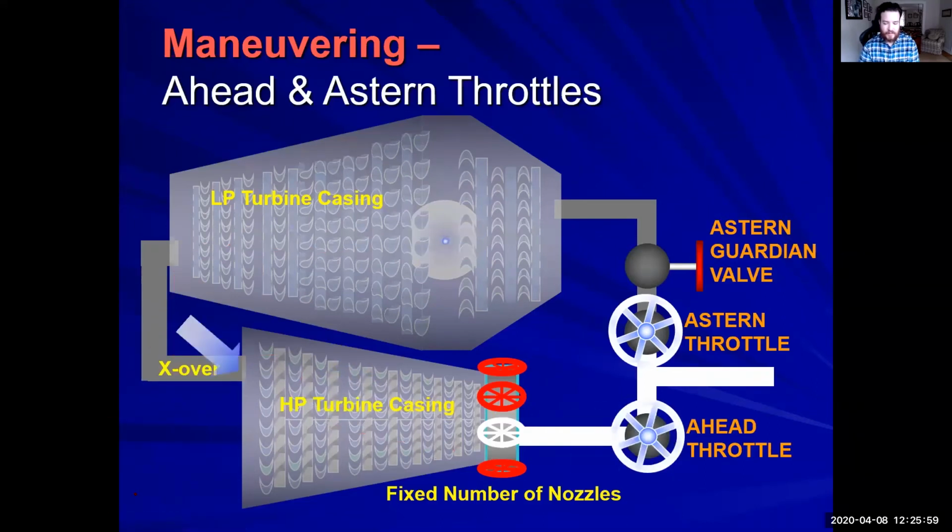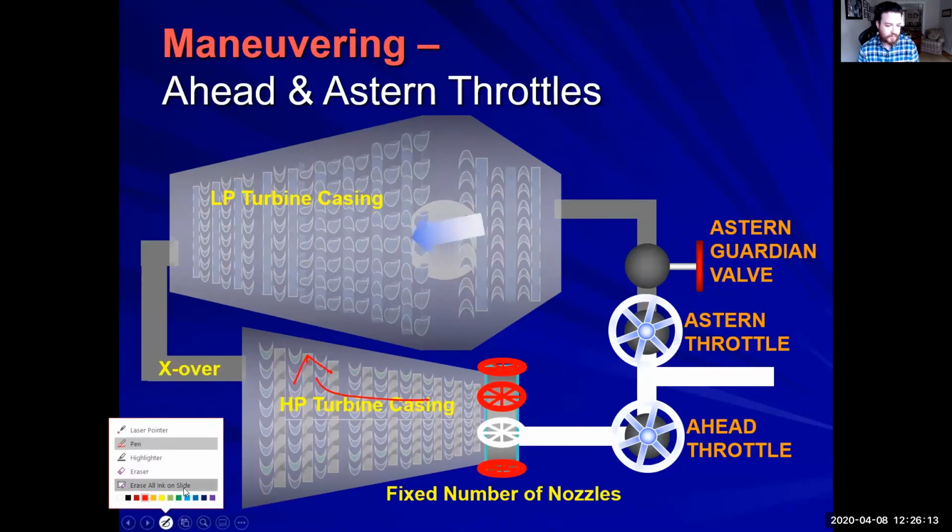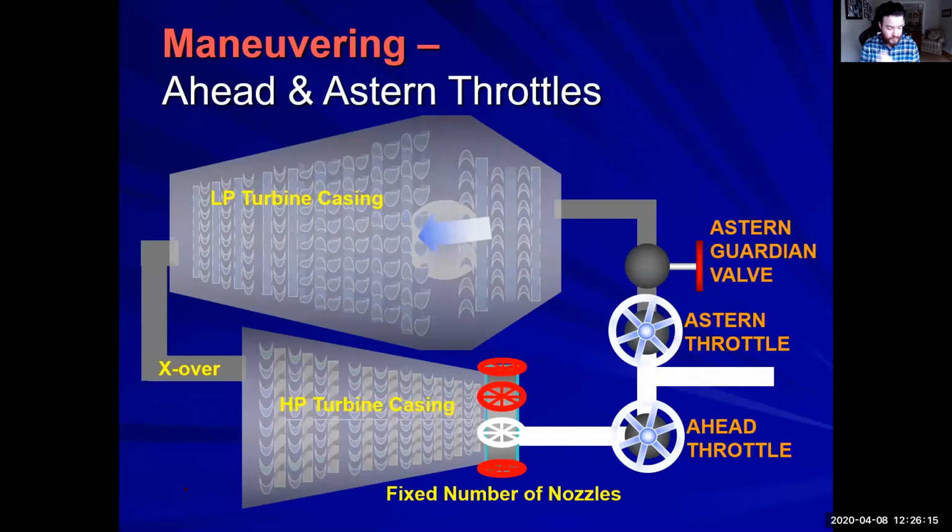Now, if we open up the head throttle more, we're going to get more steam, and we're basically going to be putting more steam through these casings. All right. Now, we close that ahead throttle, and we open up this astern throttle.